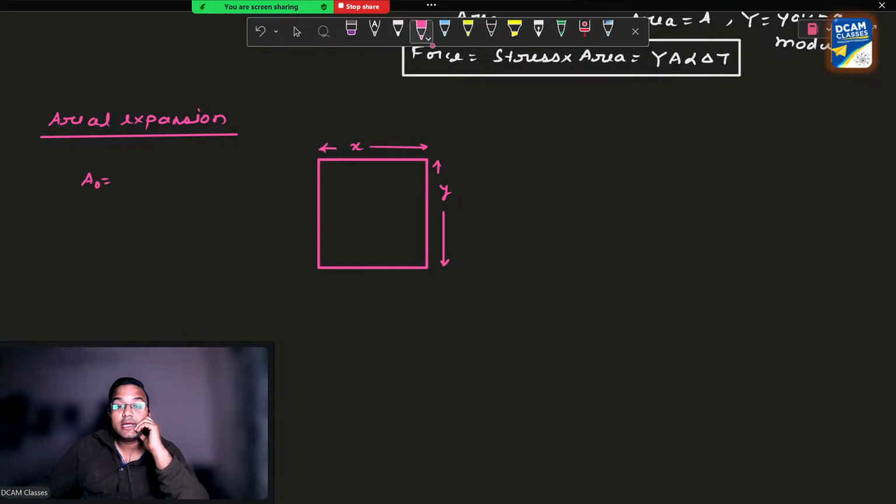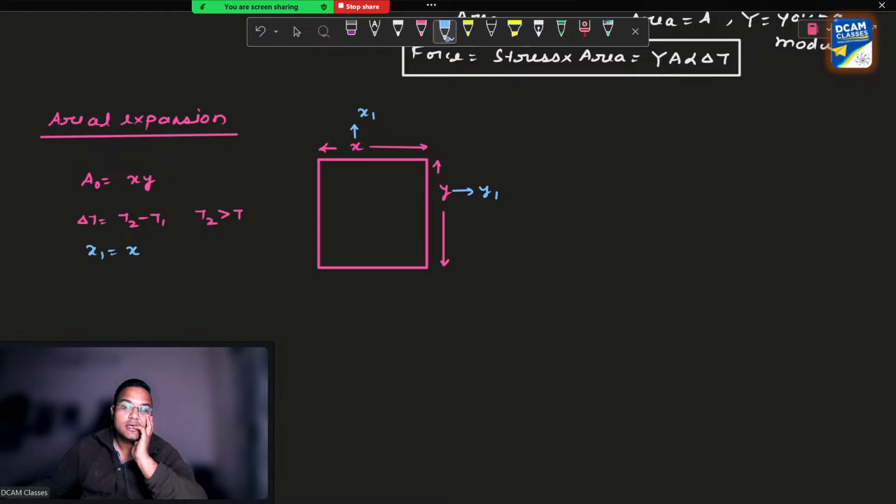Initial area A naught is x into y. Let's say I have raised the temperature by delta T, T2 minus T1, where T2 is greater than T1. So both length and breadth will increase. The new length x1 will be x into 1 plus alpha delta T, and the new breadth y1 will be y into 1 plus alpha delta T.